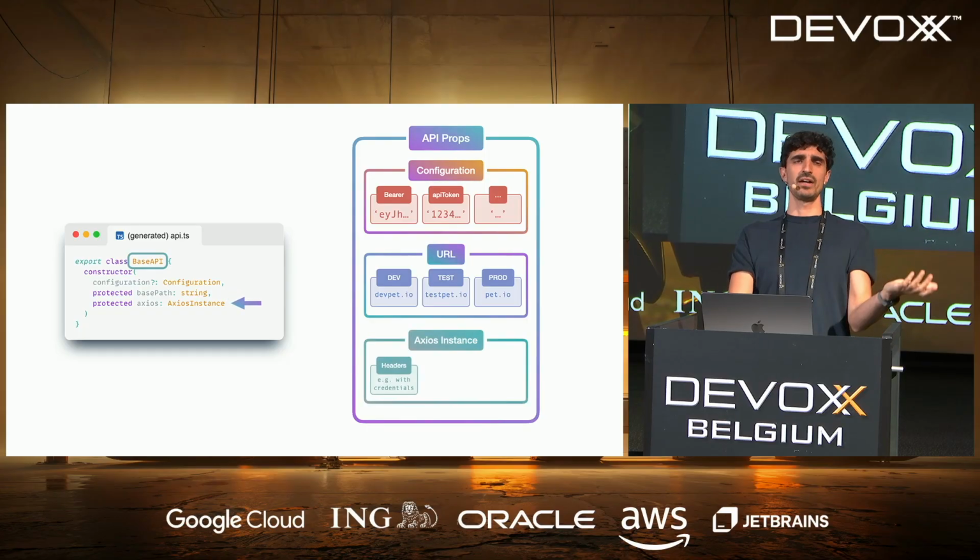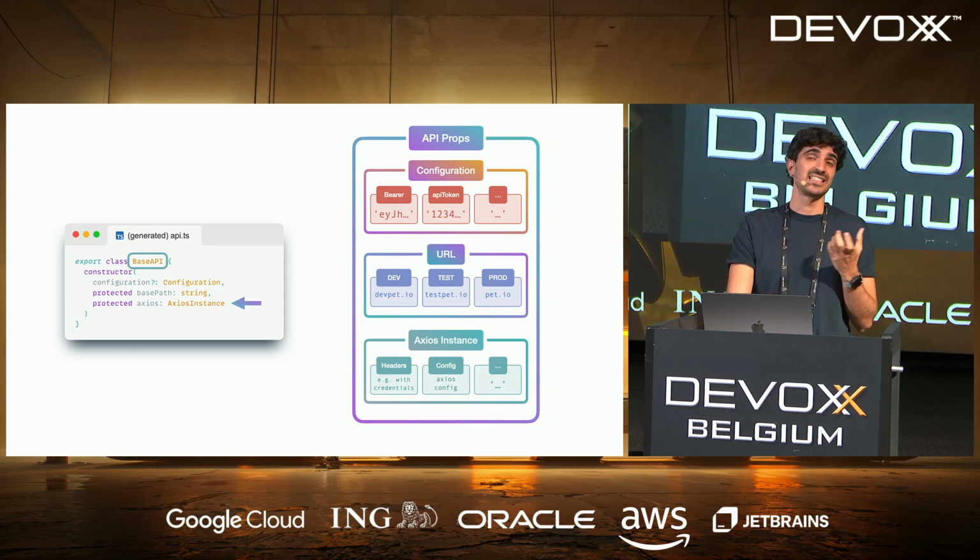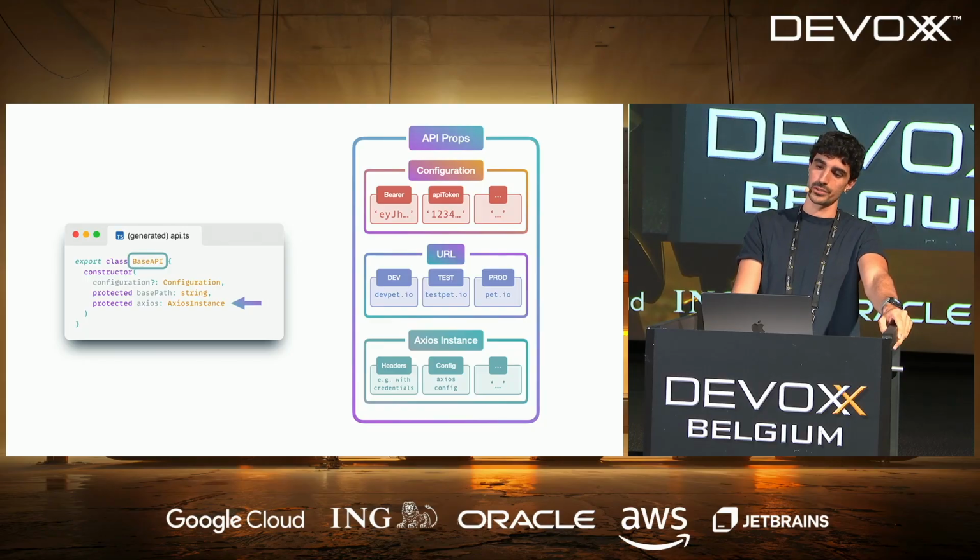And then we have an Axios instance. So this is a singleton instance of an Axios object that can be pre-configured with custom headers, configuration, interceptors, whatever we need to have set up in order to perform our HTTP calls.